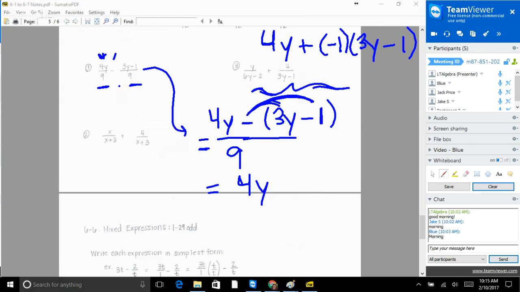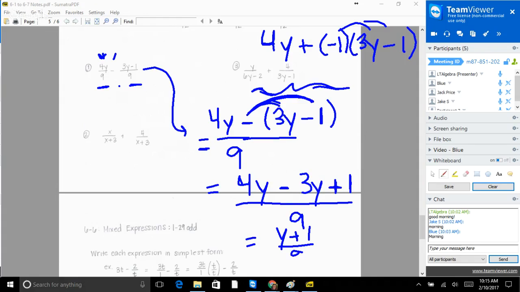Either way is all right. But what you'll end up with is 4y minus 3y, and then you subtract 1. So minus a minus 1 is add 1. So over 9, 4y minus 3y is y. So you end up with y plus 1 divided by 9.